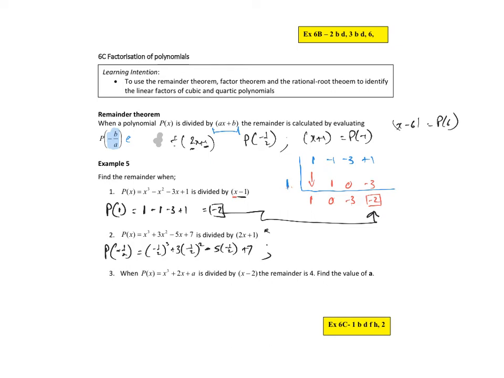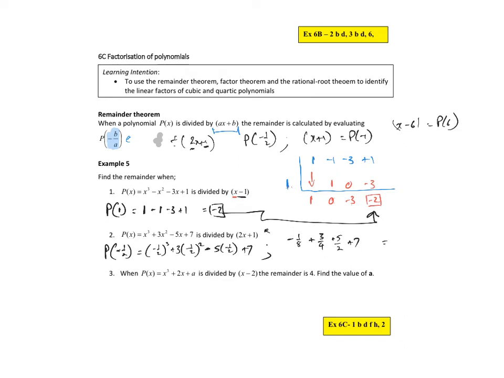So what's that equal to? That's equal to minus 1/8 plus negative a half squared is positive a quarter, so it's plus 3/4. Negative 5 times negative a half is plus 5 on 2 plus 7.